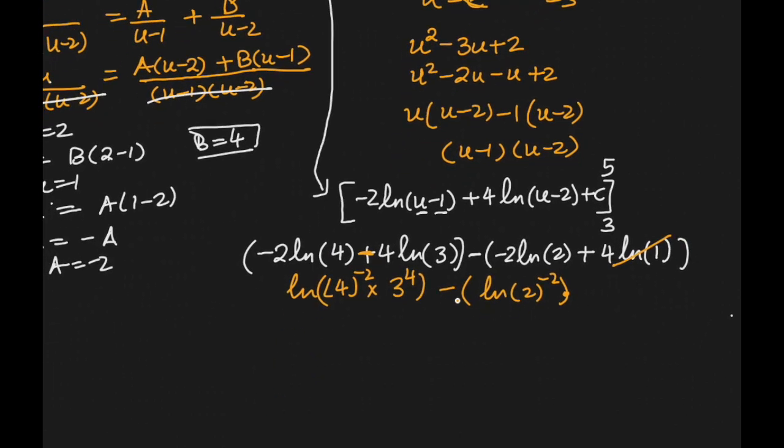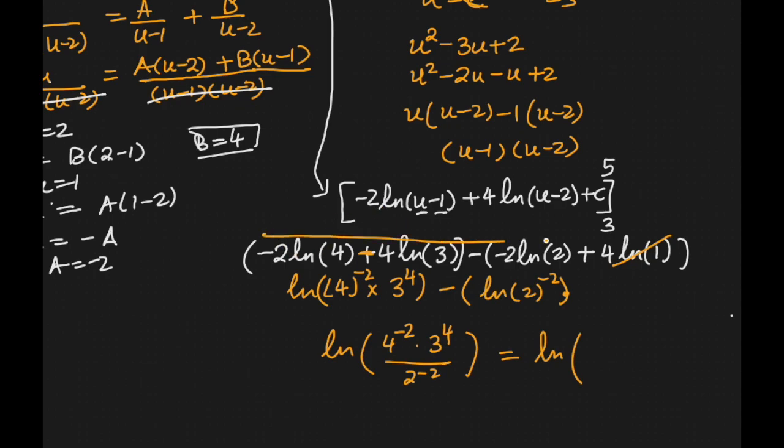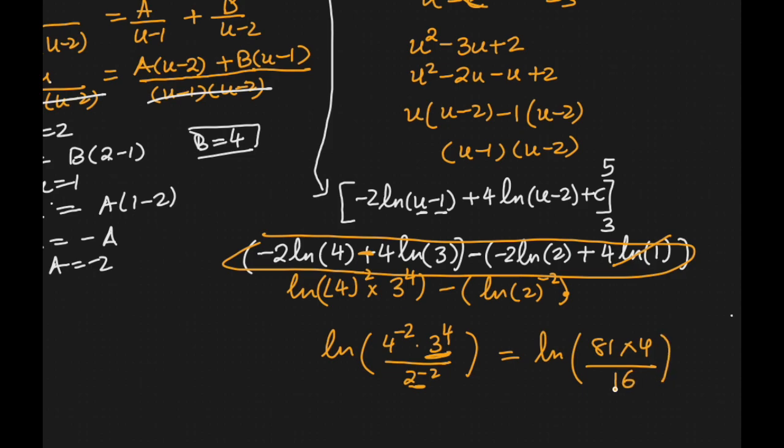So I can write natural log of 4 to the power minus 2 times 3 to the power 4, minus 2 to the power minus 2. Okay, I'm doing everything manually. You can just put this part in your calculator and you'll get your answer. So it will be 81 on top, and when the negative power goes down, 4 squared, 16, will be down.